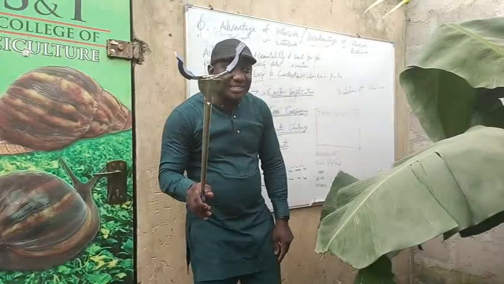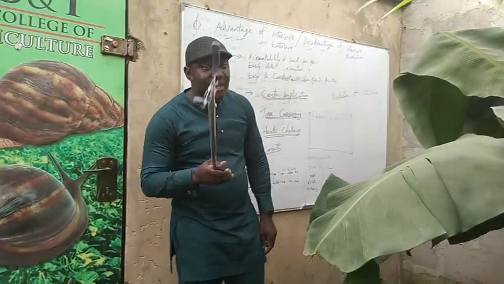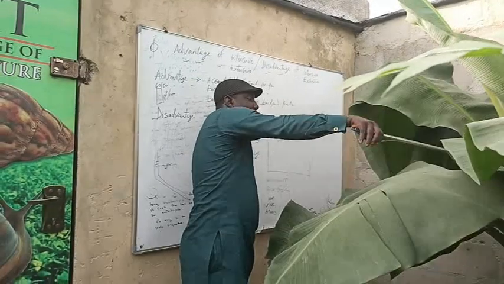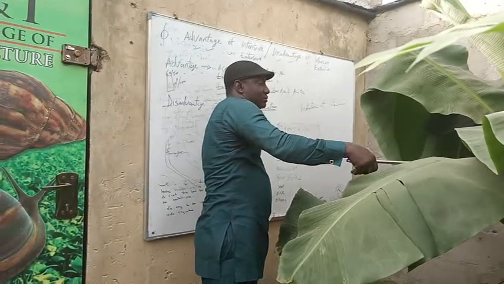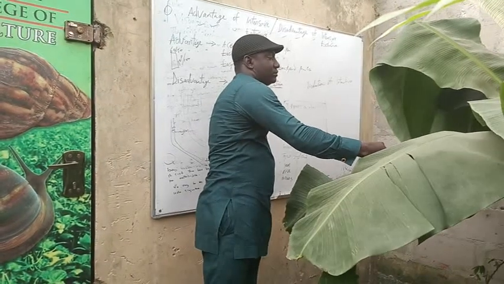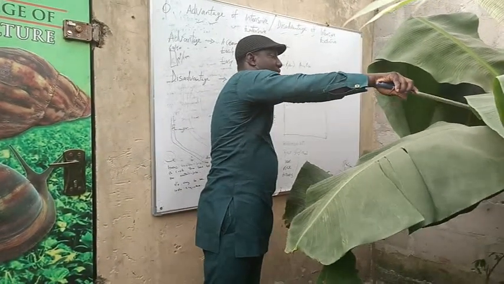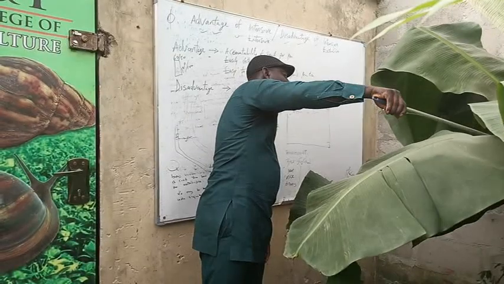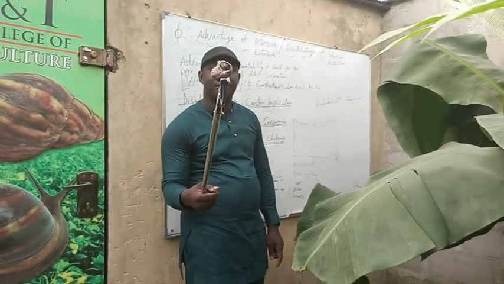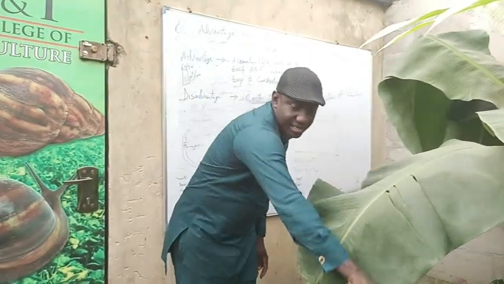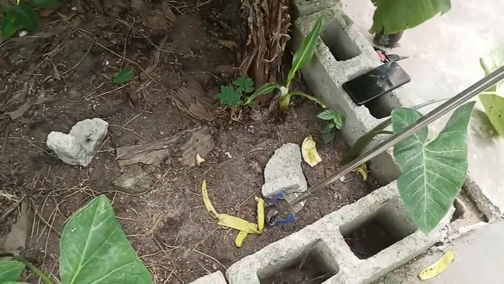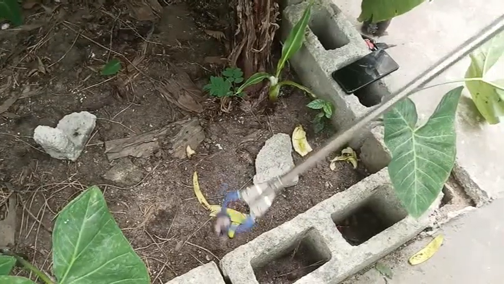Now, let me give you an instance. Hold on. I'm here now. Let me pick and bring out. This is my snail. Now, take a look at this. Let me show you another one from the block. Just come. Is to pick this dead one and you put in the walkway.